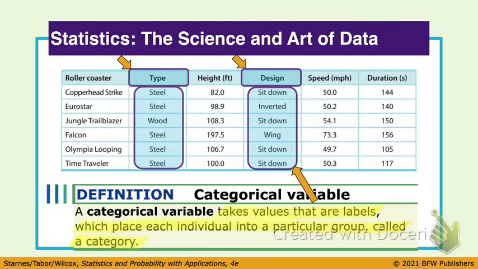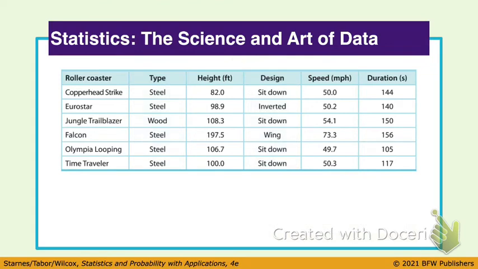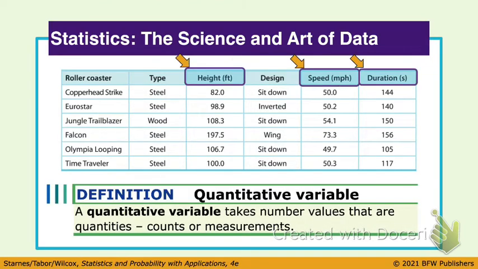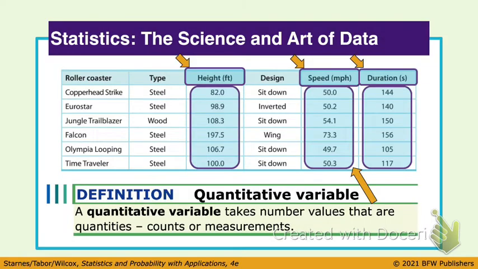Quantitative, we are going to assign a quantity for these, right? So the quantitative variables are going to take number values that are quantities. Now, they can either be counts or measurements. So it could be that I'm just counting how many of something there is, or it could be that I am measuring something.